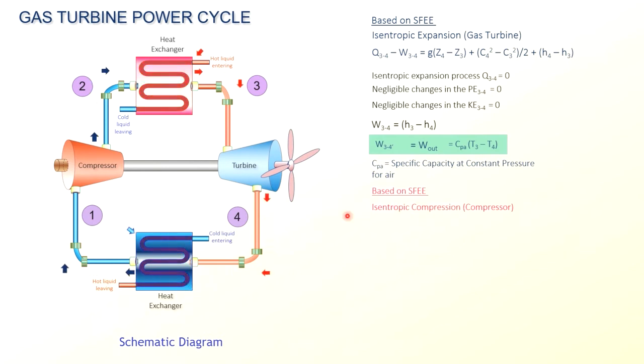Then the isentropic compression for the compressor. Again you have the steady flow energy equation, Q and W, but this time we are referring to state points 1 to 2: the heat and the work, the specific change in potential energy, the specific change in kinetic energy, and the enthalpy. When we say specific, that means it should be in kilojoules per kg.